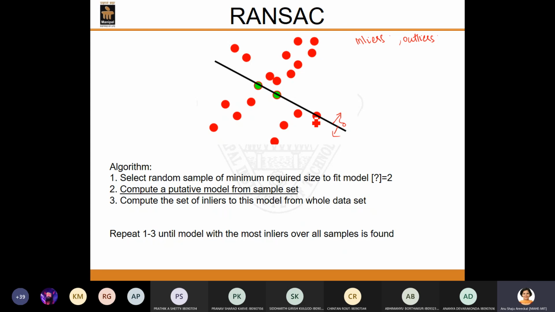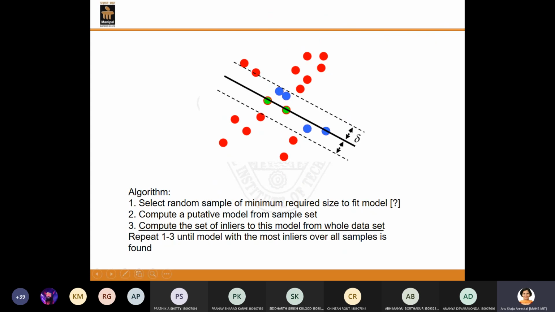So for this model, what we have done is first randomly select 2 points and fit the line. Then by determining a value of delta, you can find out how many inliers and outliers are present for this model. Let's say this line estimate is model 1. Now this process is repeated.